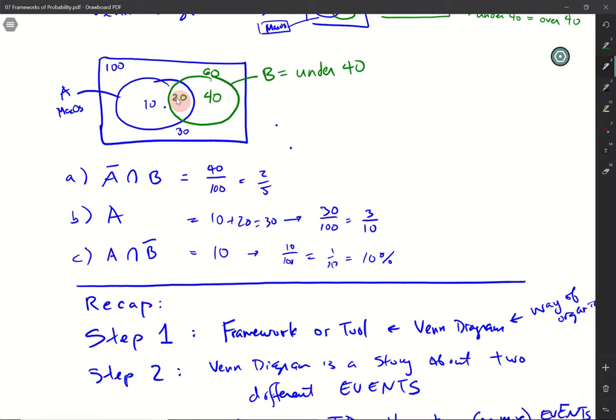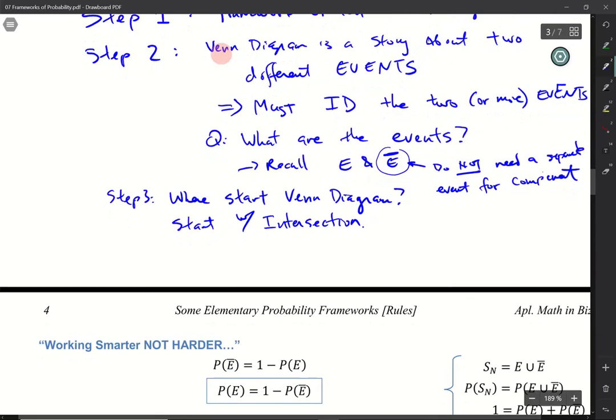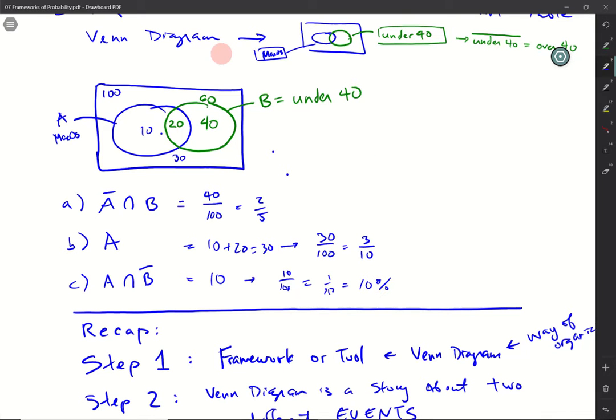You kind of start in the middle. Is that right? So find the intersection. Start with intersection. Okay. Is there another way that we could have proceeded?